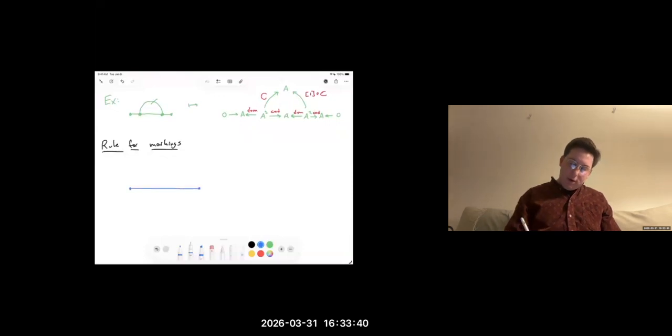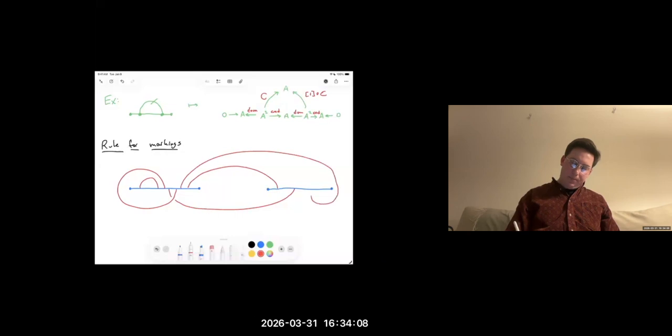Suppose I have these 0 bones going on here, and suppose I have some of these 1 bones. Maybe they look like this. It doesn't have to be a planar graph. They can go past each other. Maybe one goes around like this. So that's a generic picture for what these things can look like. Maybe there's one more on the bottom.